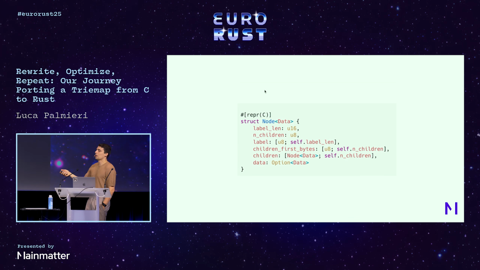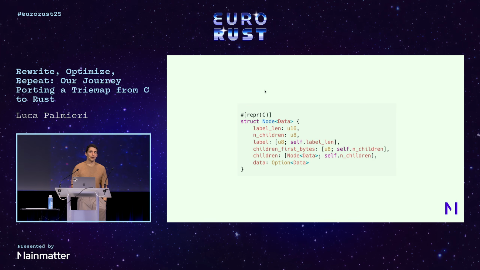What we would like to define, morally, if Rust had an infinitely more powerful type system, is a type that looks like this. So you have a couple of normal fields, label length and number of children, a U16, a U8, very boring. And then you have a bunch of arrays whose length is determined at runtime by the value of the previous field.